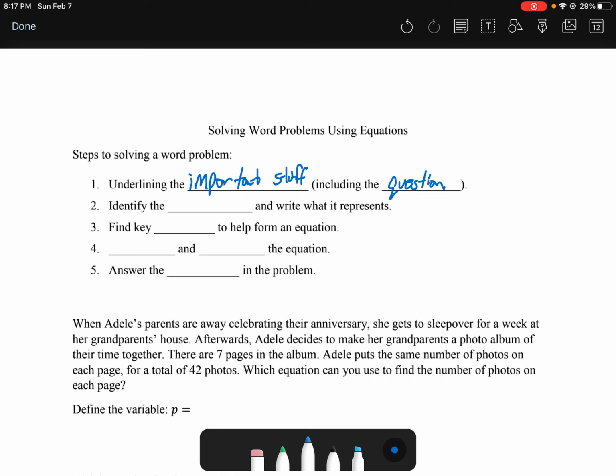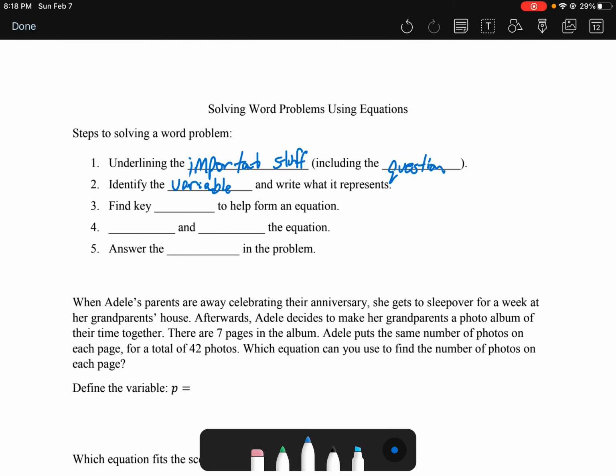Number 2, identify the variable and write what it represents. So find out what our unknown is in this problem. And then say that like X is the number of pizza boxes. Really, this is going back to underlining the question and seeing what the question is actually asking of us.